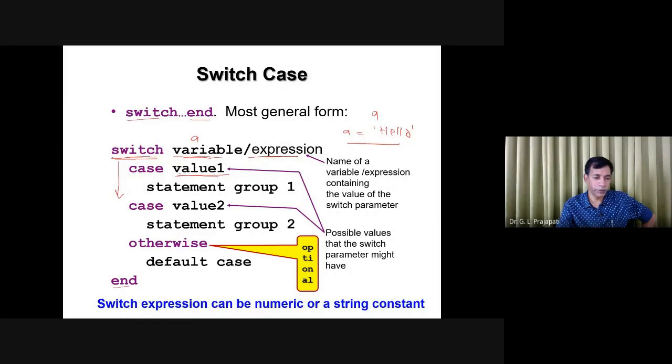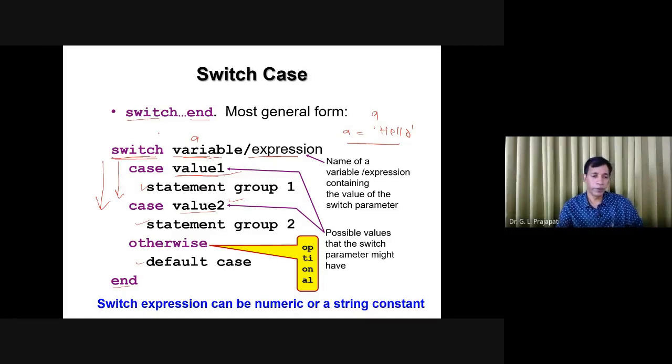If value is this, then you can do this task. If value is this, then you can do this task. If value is not this and not this, then you are going to execute the otherwise part. So at a time you are only able to execute one group, not more than one group. Here also, it is executed from the top to bottom.